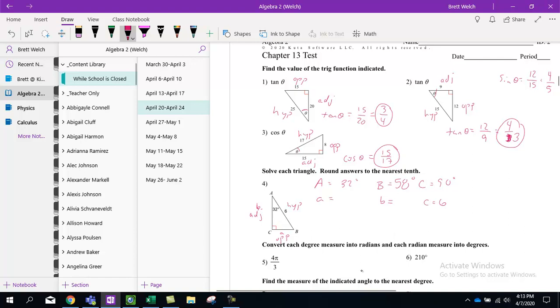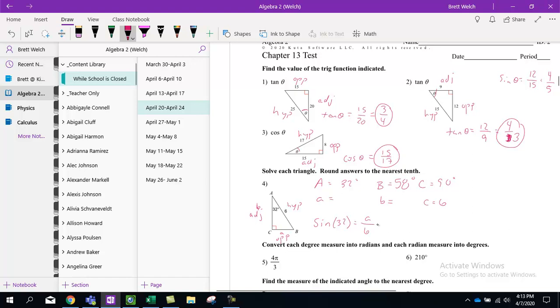To find the adjacent or the opposite, we're going to use a trigonometric ratio. Because I've got the hypotenuse, let's use sine. That would give me the opposite. Sine of 32 equals the opposite, little a, over the hypotenuse, 6.